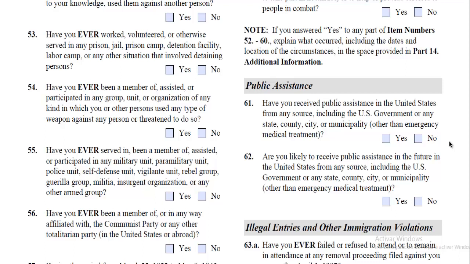Don't lie. But maybe one of these questions will make you not eligible for adjustment of status. So if you answer yes to one of these questions, like let's say you've been in jail, in a communist party, in prison, or a prison camp, or anything like that, or fines and stuff like that, you should see a lawyer and attorney, okay?